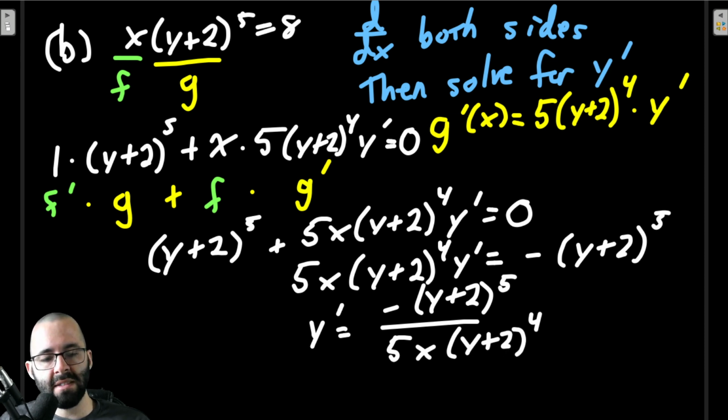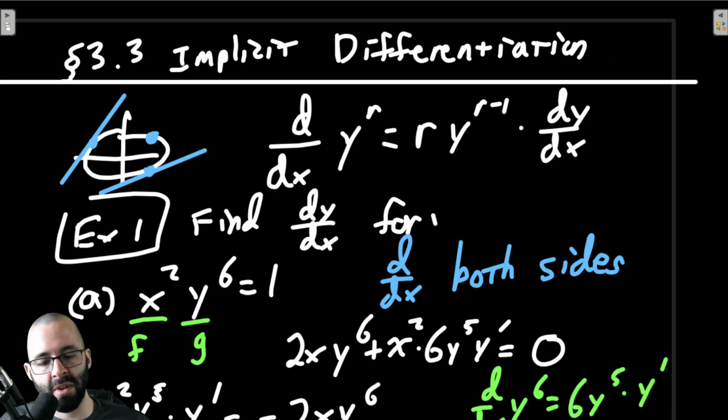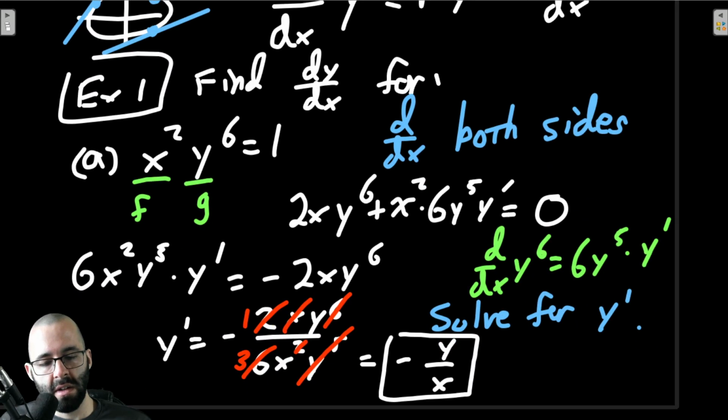And as long as y is not equal to negative 2, I should have commented on this before. When we cancel back here, we're sort of modifying the domain of the derivative a little bit. This is not defined when x or y is 0. We should really be specifying that y can't be 0 here.